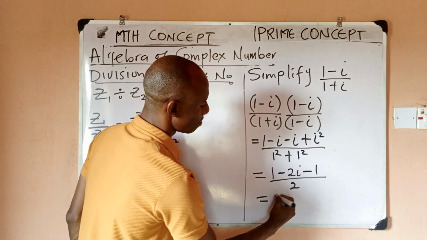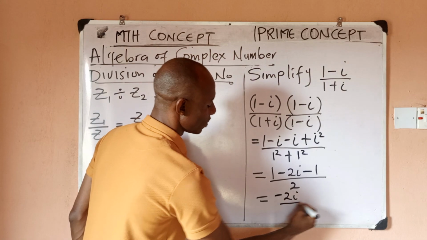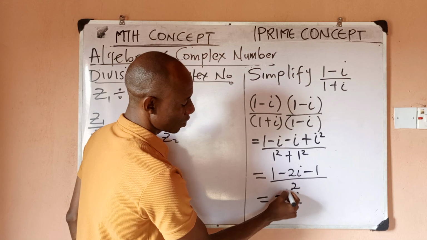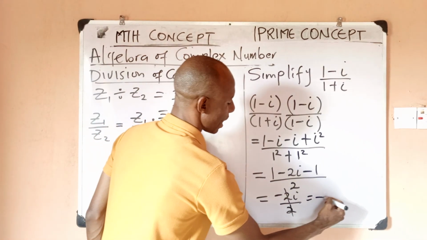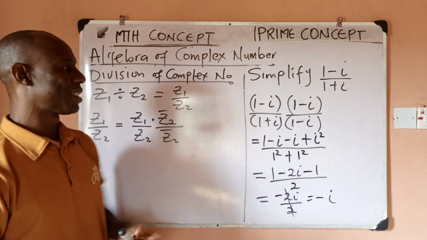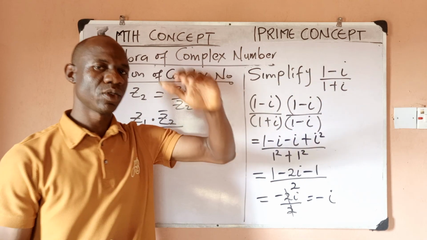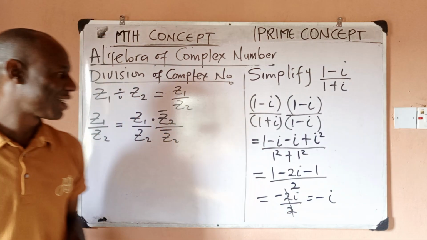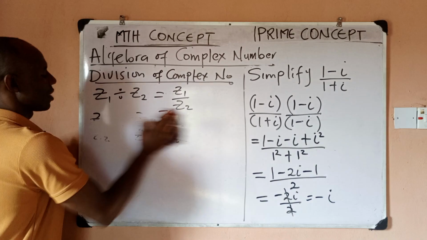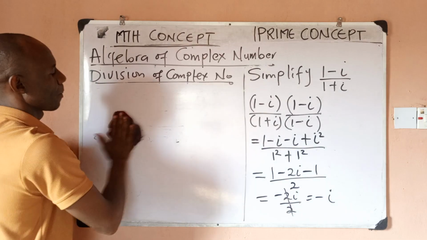Then I'll be left with minus 2i divided by 2. So when 2 cancels 2, you'll be left with minus i. So when you simplify this complex number, what you get is minus i.